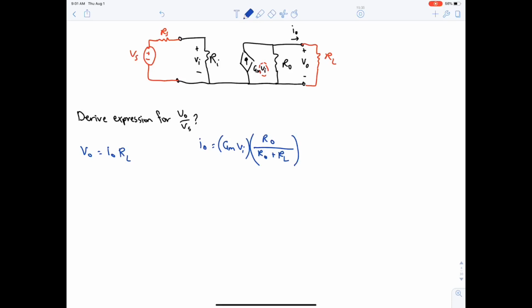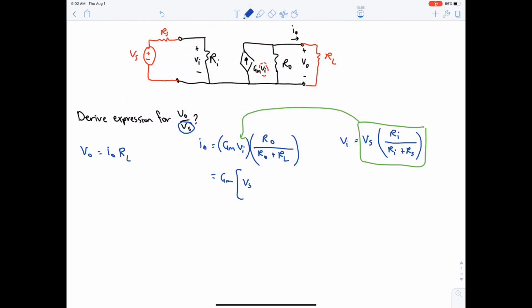Okay? Now what's V input? Because we need to arrive to VS. V input, we need to do voltage division, which is VS R input over R input plus RS. Taking this entire thing and plugging it in here will result in GM VS RI over RI plus RS, RO over RO plus RL.